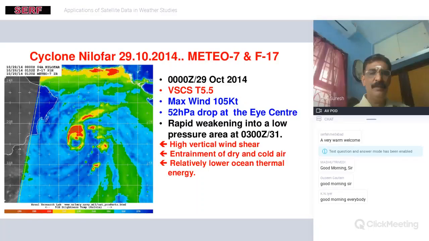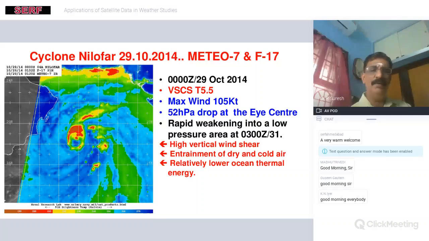And in addition, over this particular area, the ocean has somewhat of a cold pool. Whenever a cyclone, which is a warm core system, enters a cold area, it tries to weaken out. So these are all the reasons why a very high intensity cyclonic storm of 5.5 ended up as a low pressure area over the ocean itself. Most likely over this particular area in the Arabian Sea, any other storm will try to weaken as such.